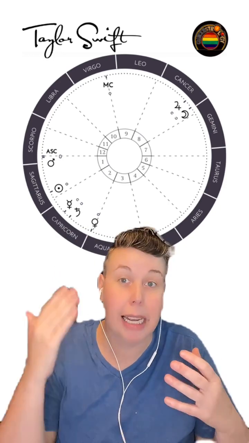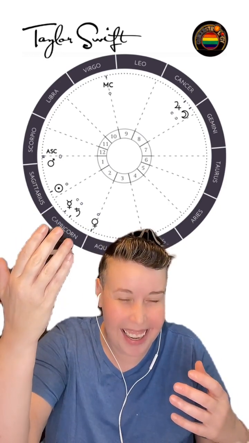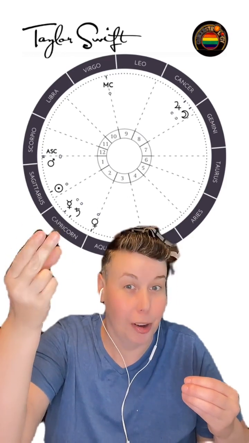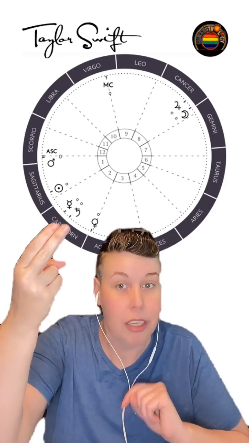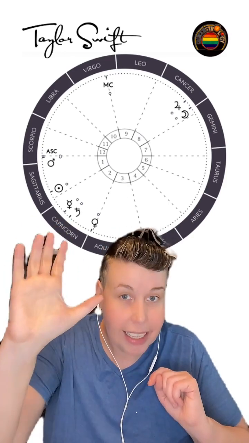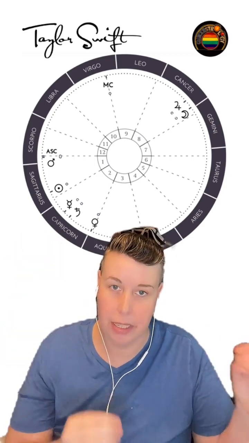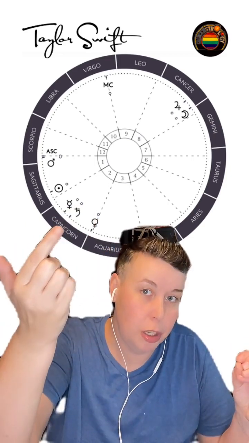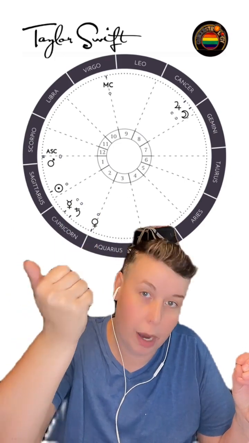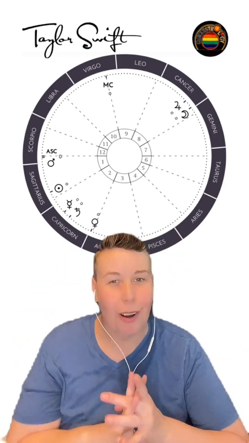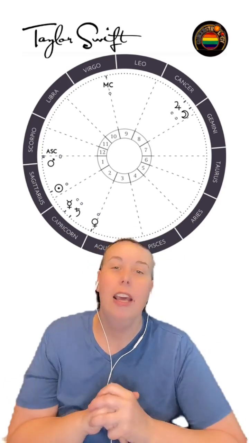In this case, because I don't have those generational planets on, she does have Uranus and Neptune here. They're both also in Capricorn. So technically speaking, she has a 2nd house stellium because it's split between 2 signs, meaning Capricorn and Aquarius. But she does also have a Capricorn stellium.